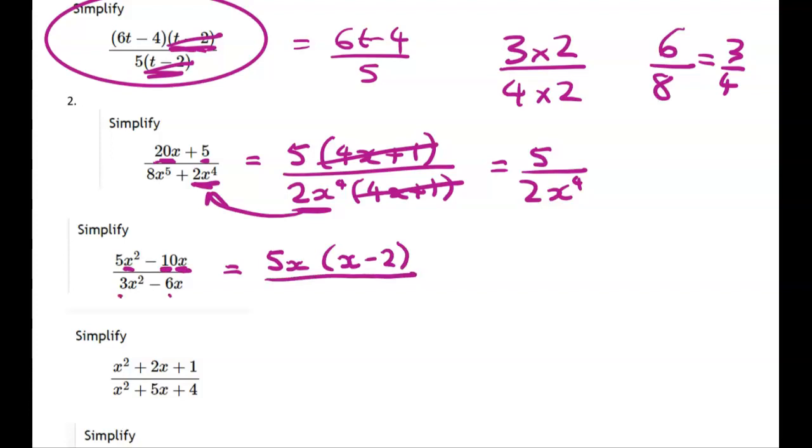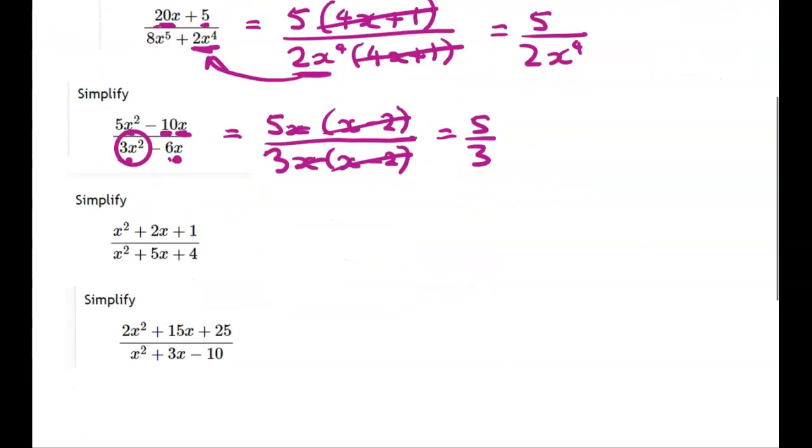In the denominator, the highest common factor in the numbers will be 3, and in the x's it will be just x. I need to have 3x times x to get 3x squared, minus 2. And you can see here we've got 2 common factors, right? We've got x minus 2 and we've got x divided by x. So my final answer is 5 over 3.